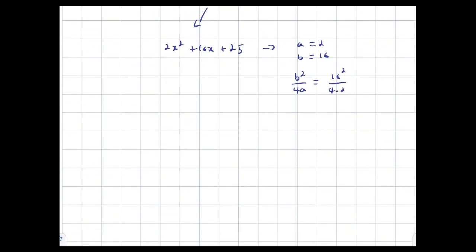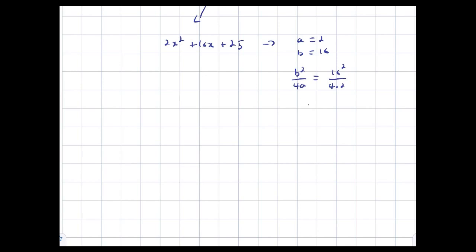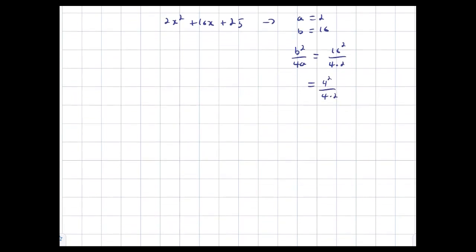And before I start, you might start getting scared because we have to do a 16 squared, which of course is not so hard to do. But we actually don't need to do that here. We can write this in its prime factorization. We can write 16 as 4 squared, or 2 to the power of 2 squared. This will be 4 squared over 4 times 2, and the 4 squared is of course squared.